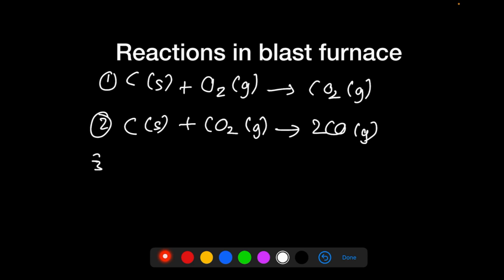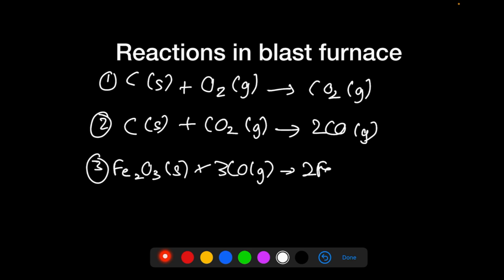The third reaction is that carbon monoxide reduces iron(III) oxide to iron. So extraction of the metal occurs, and this again is a redox reaction: Fe2O3 solid plus 3CO gas gives 2Fe liquid plus 3CO2 gas.